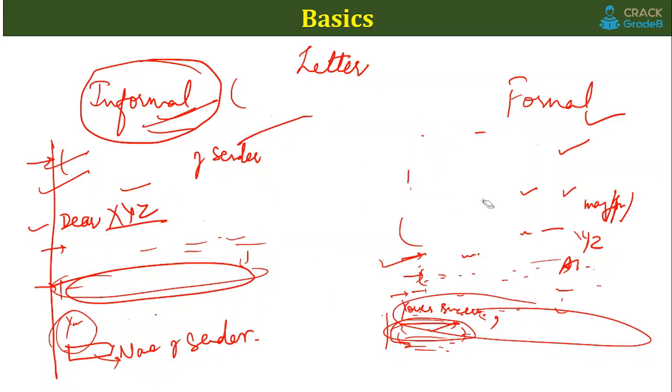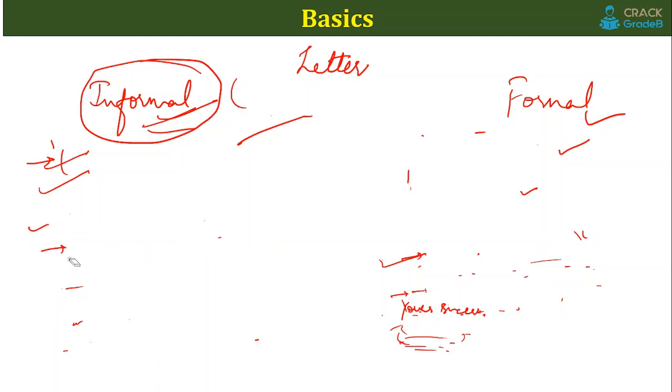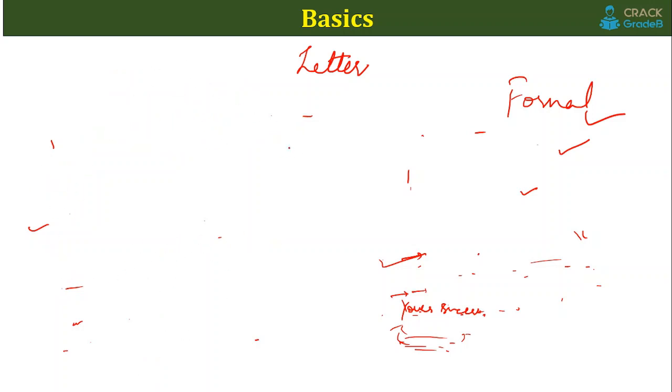So these are the basic things that I wanted to convey in this video, because basic things are needed to differentiate formal and informal letter writing, because the quality is at par with what will happen in the organization. You will be working in NABARD eventually, and after working there, you will be writing various formal letters.